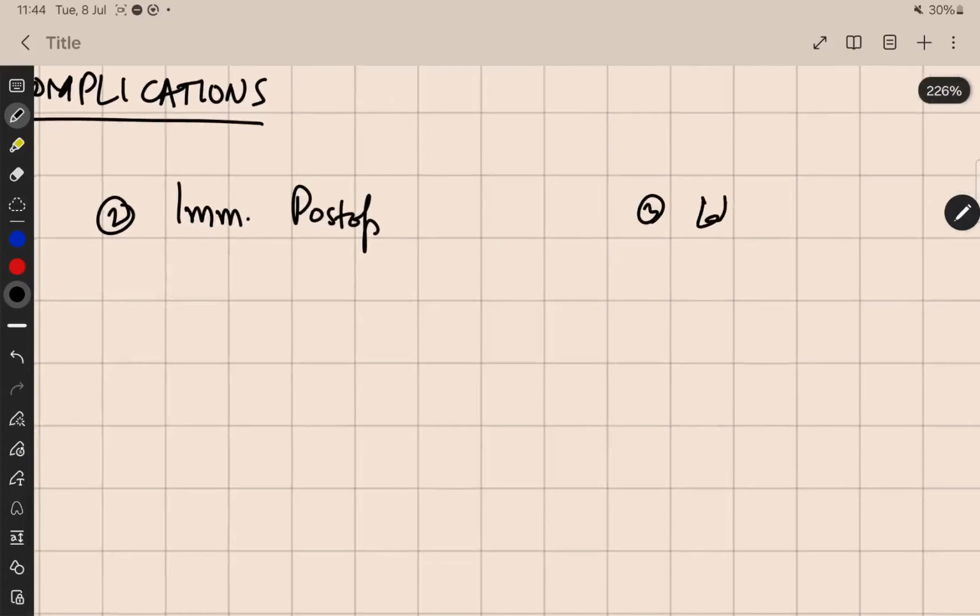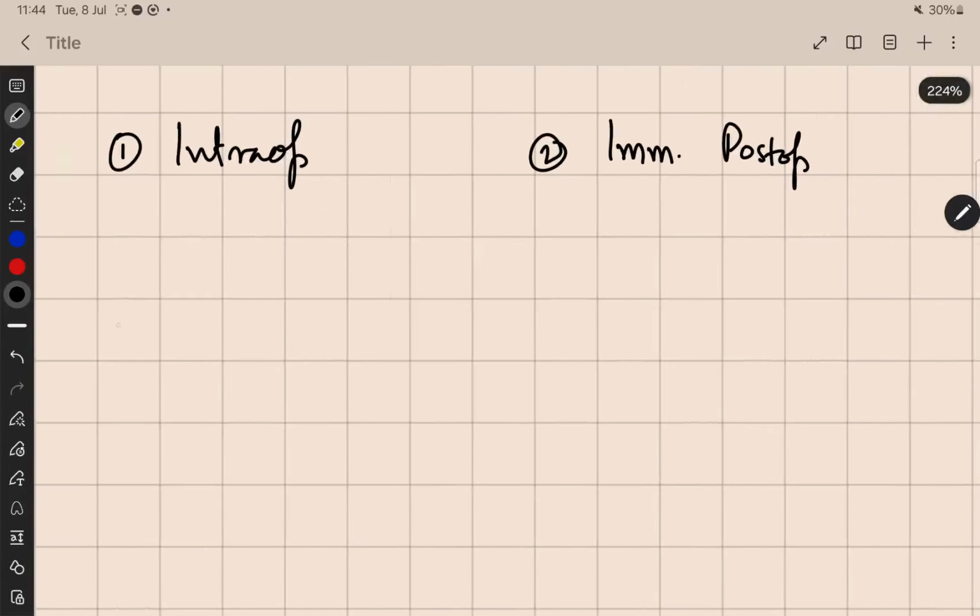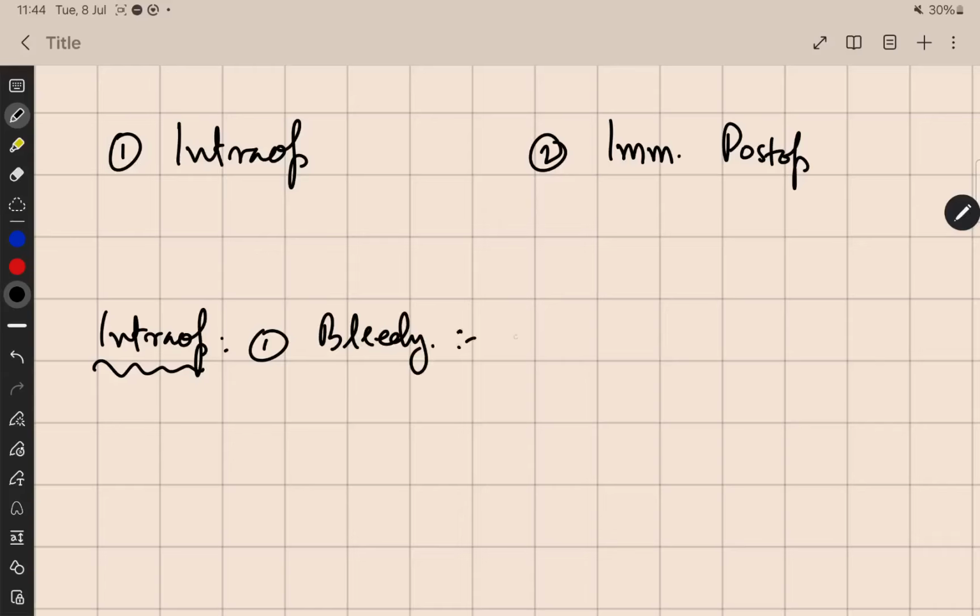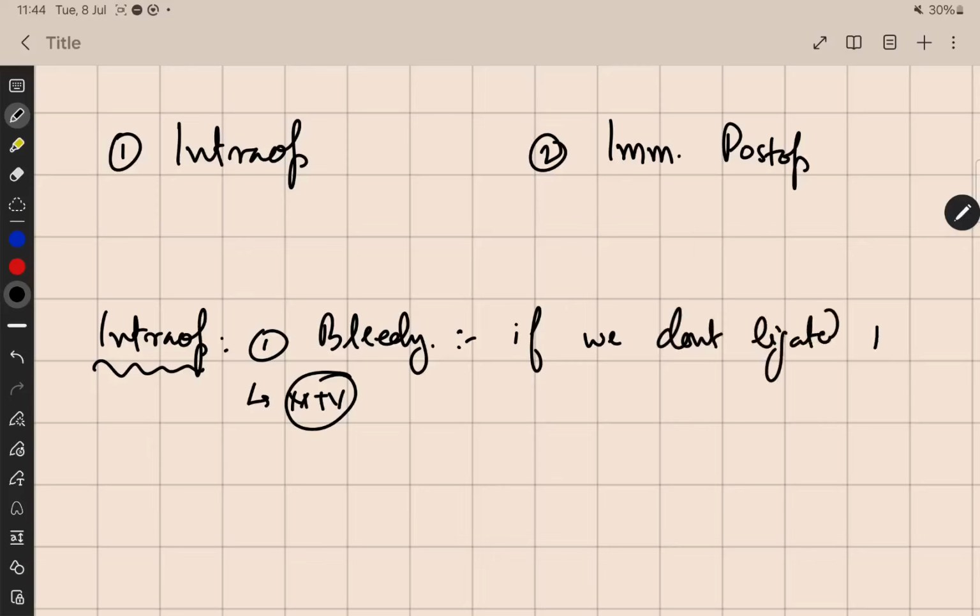If we start with intraop, there can be bleeding. If you remember my first slide, I told you that we have to always ligate the middle thyroid vein first before proceeding with surgery. If you don't ligate the middle thyroid vein, then we can encounter a torrential bleed.